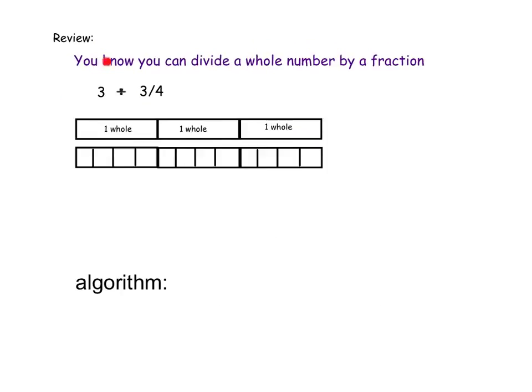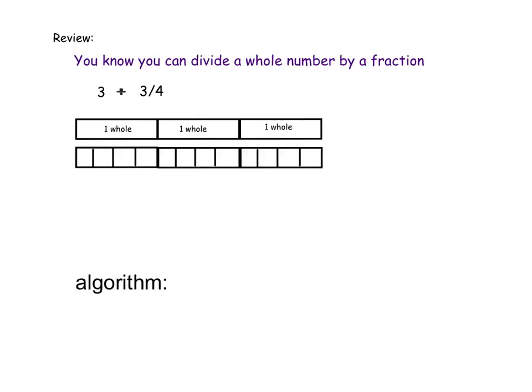We also know from the last lesson that we can divide whole numbers by a fraction. So 3 wholes divided by 3/4. Remember what this is asking: how many times does 3/4 fit into 3 wholes?